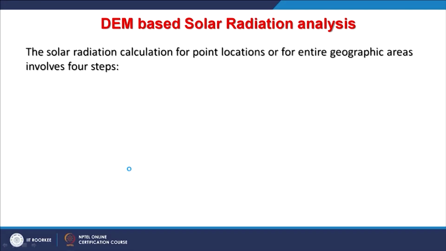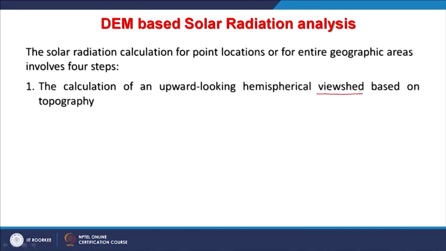Now, this solar radiation calculation for point locations or for an area, we can do on a GIS platform, which will involve 4 steps. The first step is the calculation of the upward looking hemispherical viewshed. Viewshed part we have already discussed. Think of a viewshed which is looking towards the sky. That is why the words upward looking, and hemispherical because you cannot see the entire hemisphere from a single point or area.